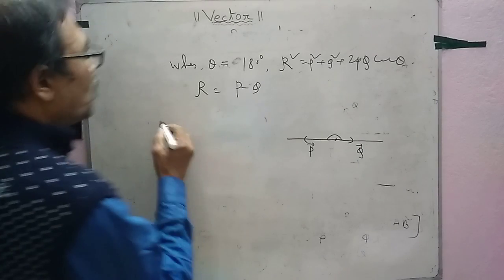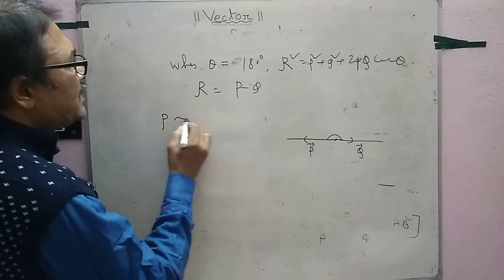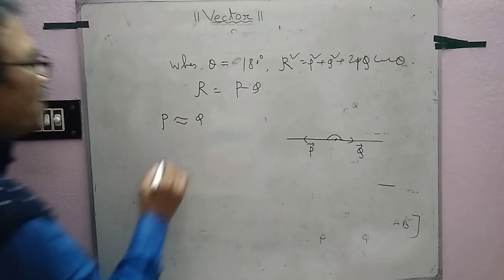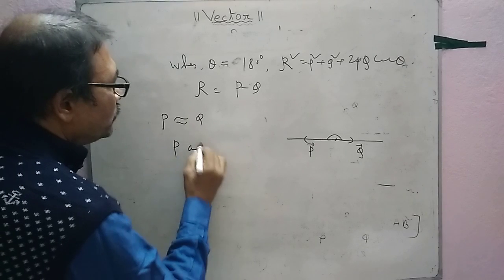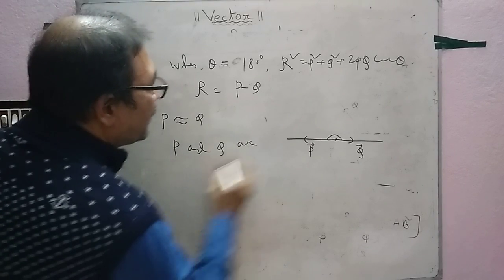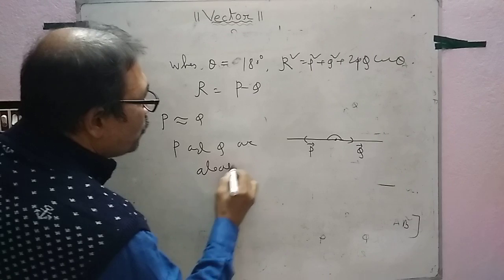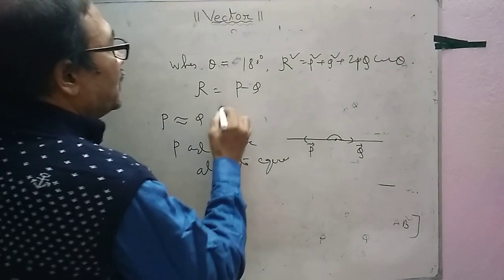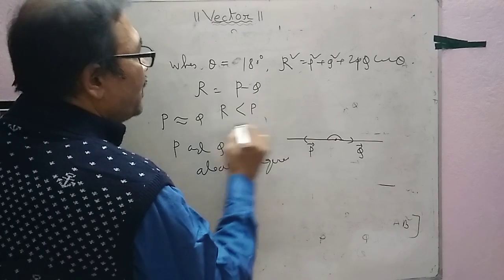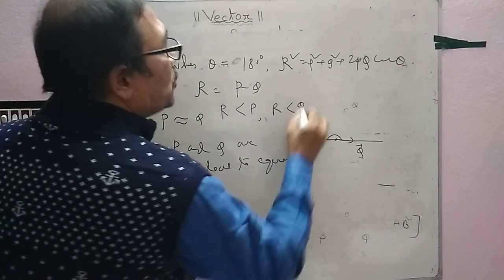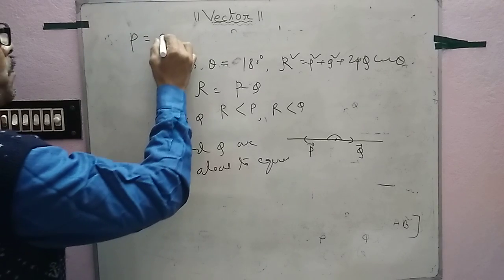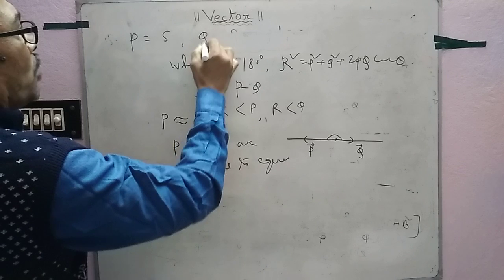Here, P and Q are about to equal, tends to equal, মানে প্রায় কাছাকাছি যদি হয় তাহলে R less than P হবে and R less than Q হবে. Suppose magnitude of P is 5 আর magnitude of Q 4.